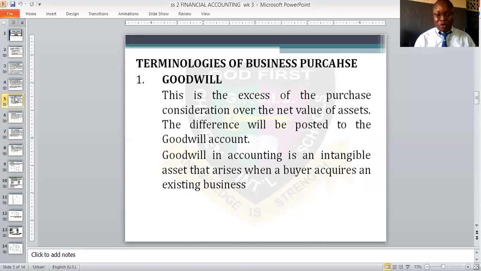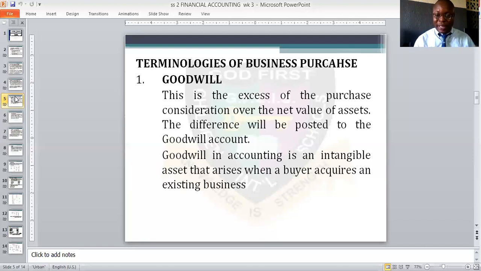So if you want to calculate the goodwill, that will be the purchase consideration, and you subtract from it the net value of assets. How will you get the net value of assets? That will be the total of fixed assets and current assets. You add them together, that will give us the total assets. Then you subtract the current liabilities.